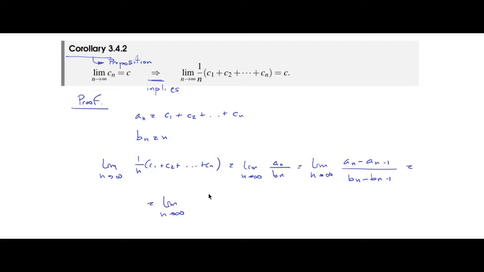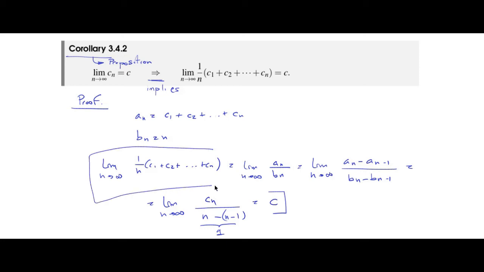If you think about it for a second, this is c sub n. And b sub n is n, and b sub n minus 1 is n minus 1, so the denominator is just 1. So this is the limit when n goes to infinity of c sub n, which is c. So this proves the result.